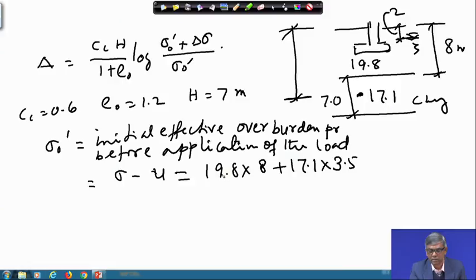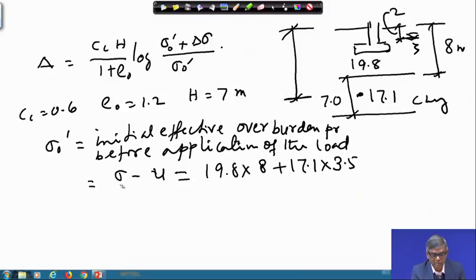Above the water table, the sand is also 2 meter thick. This unit weight could be different, but we are considering the same unit weight of 19.8. Otherwise, if I took a different unit weight there, I should have taken 6 here and 2 into that unit weight. So, I assume that above the water table the unit weight of the sand is almost similar, so the same unit weight is taken.